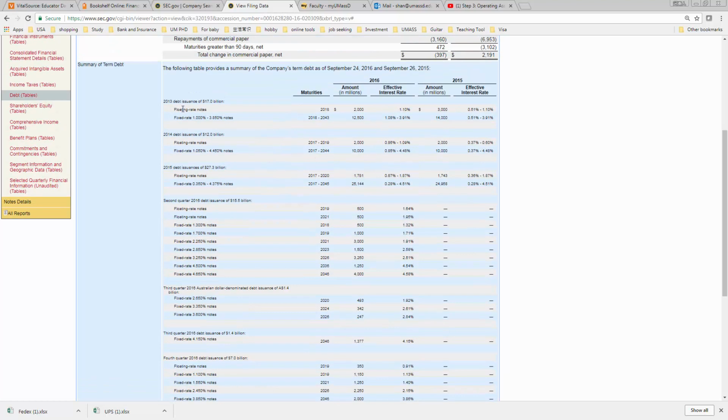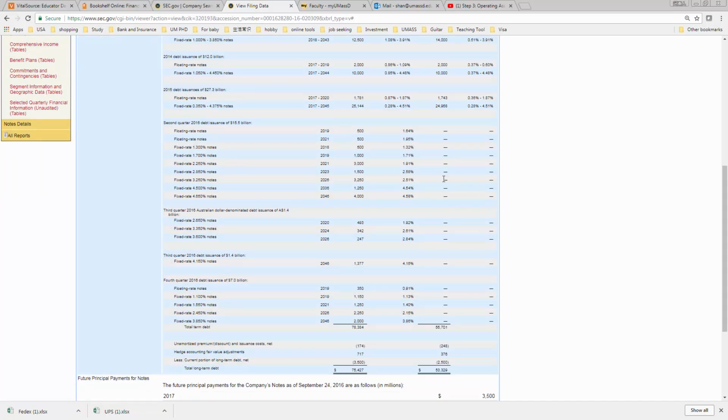So you can see there are different types of debts. That's their balance, and that's their interest, right? So you can calculate the weighted average cost of debt. But because we don't have time right now, you can simply pick a number in the middle, for example 3.8.